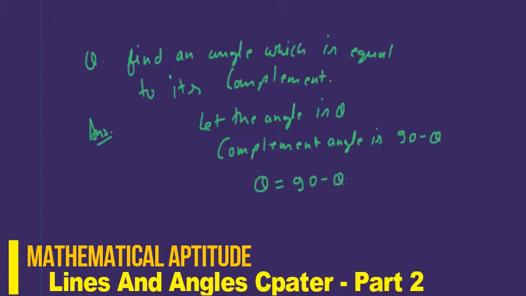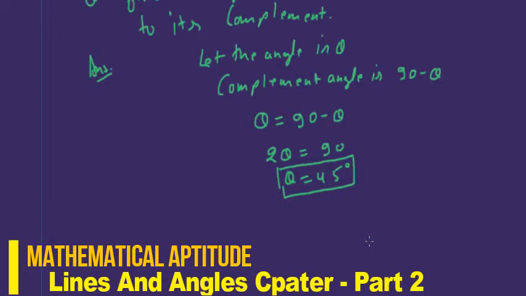So 2 theta equals 90 degree, or theta equals 45 degree. So our required answer is 45 degree. 45 degree is an angle whose complement is also 45 degree, that is the angle itself.